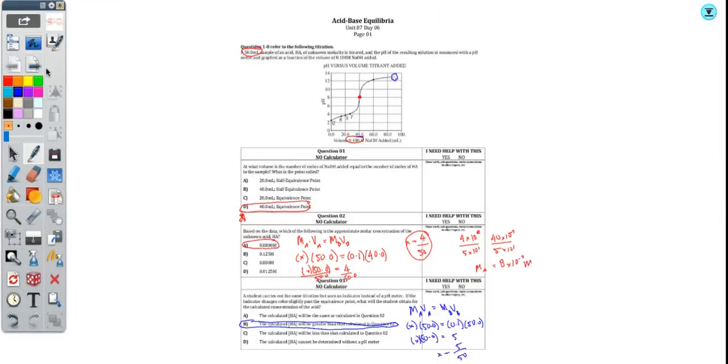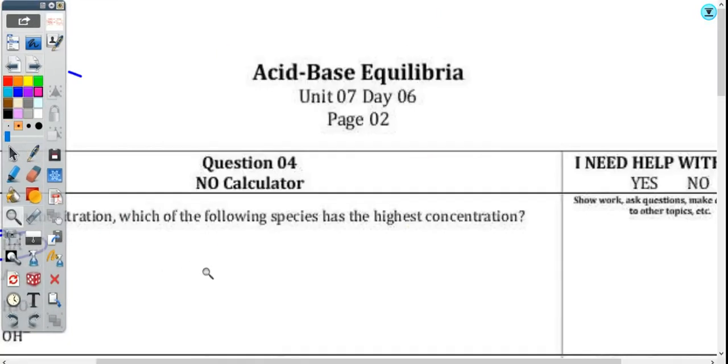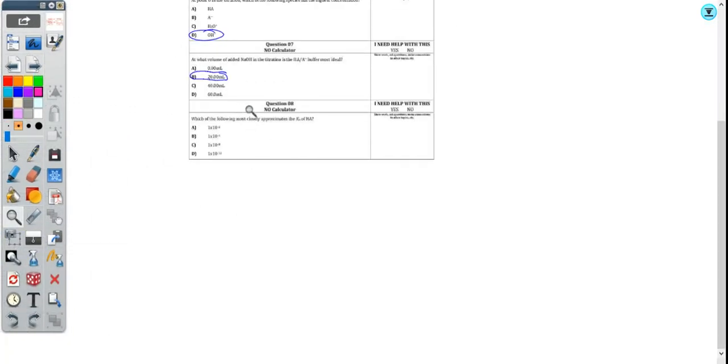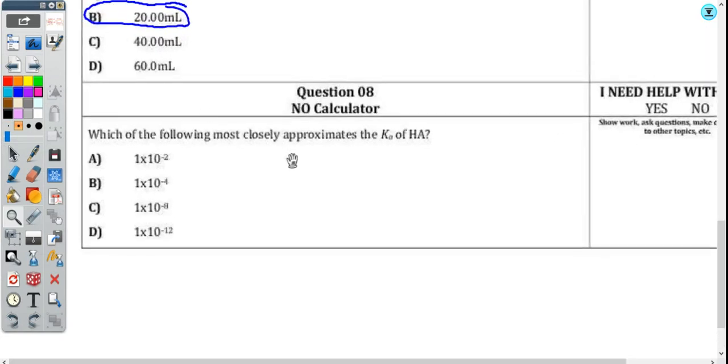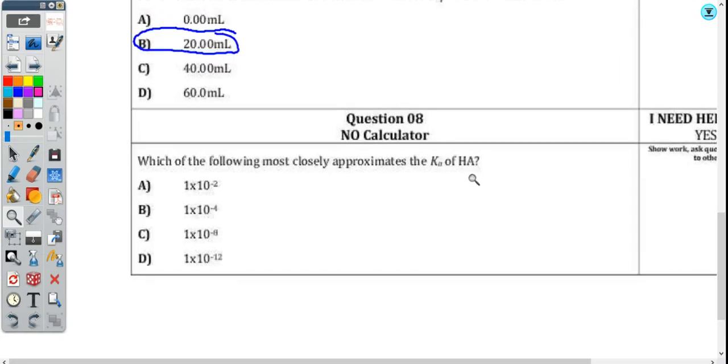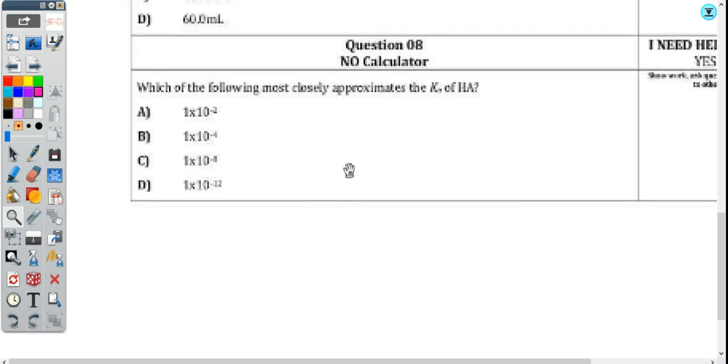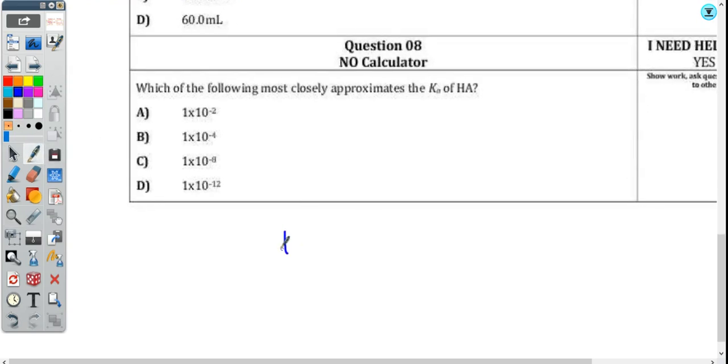Then we get to our question number 8, which is a really important question, a really common question. Which of the following most closely approximates the Ka of this weak acid? When you think about this question, I know it's tempting to think, okay, gosh, Mr. Boylan, throwback, I can do this, right?